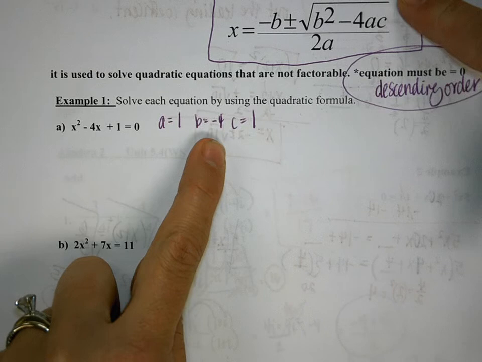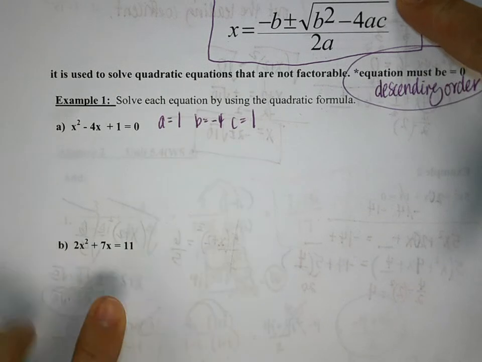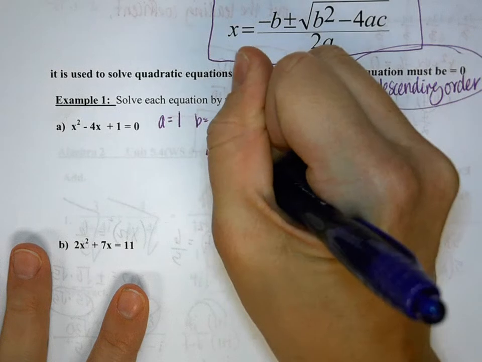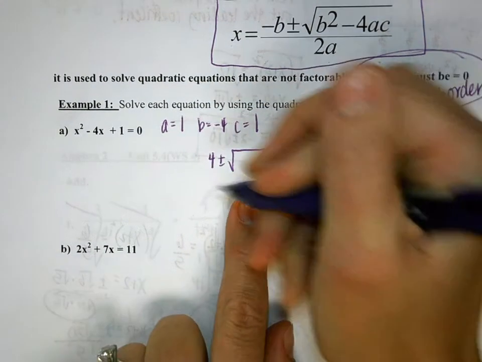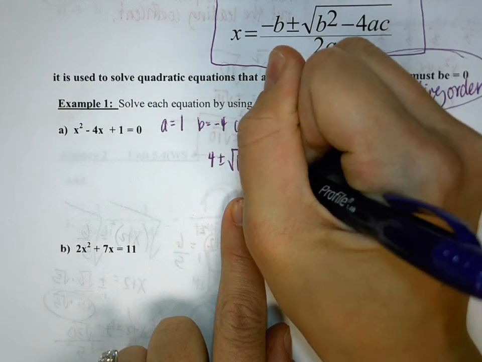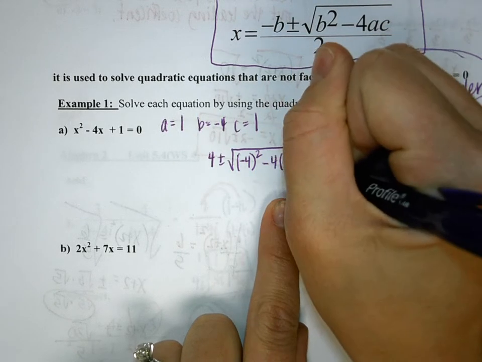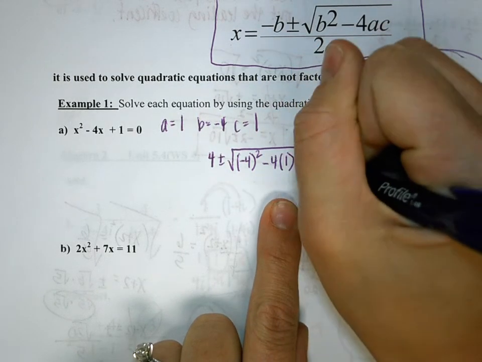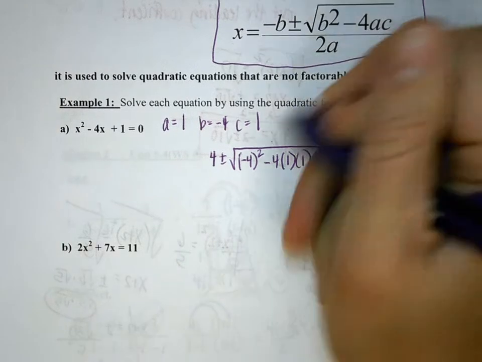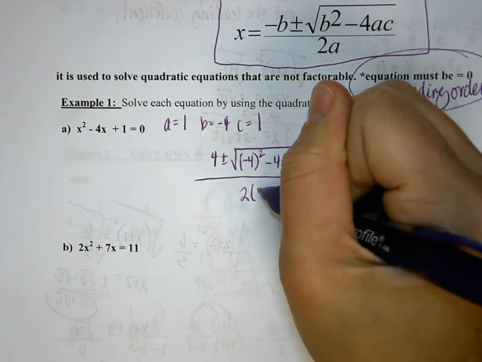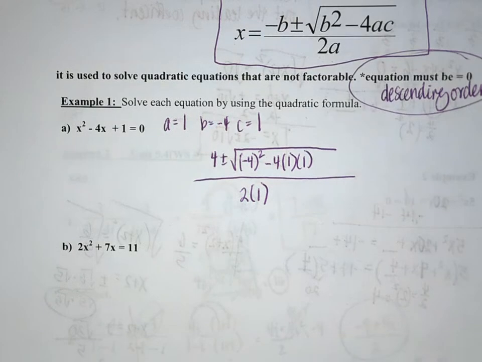So when I plug in -b, I'm going to end up getting what? +4 plus or minus the square root of b squared. So I write that as -4 squared minus 4 times A is 1 and C is 1. And this whole thing is divided by 2A, which is 2 times 1.